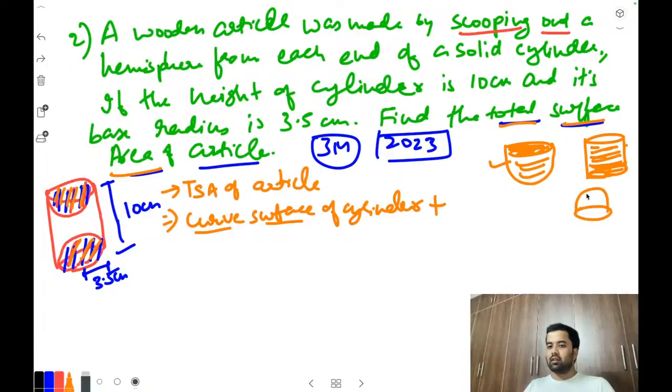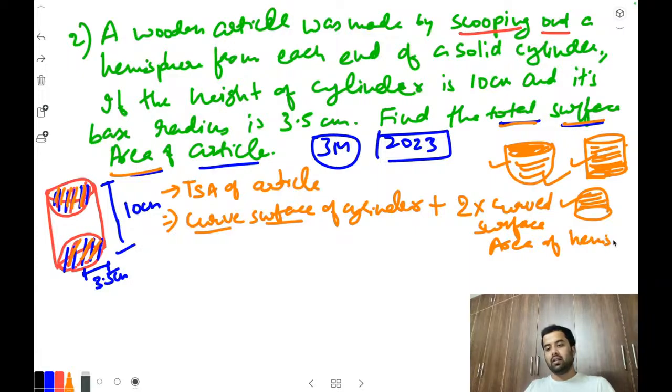Again, side part only. So for the cylinder, the side part; for this hemisphere, side part only; and for the other hemisphere, also side part only. Just mention it: 2 into curved surface area of hemisphere.